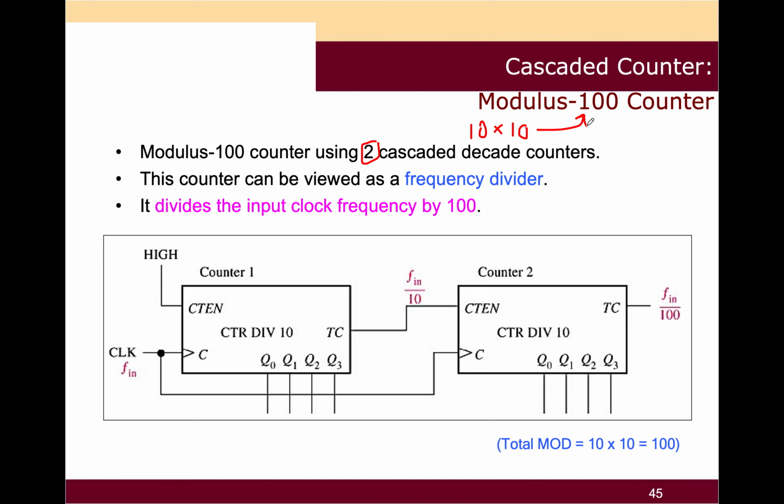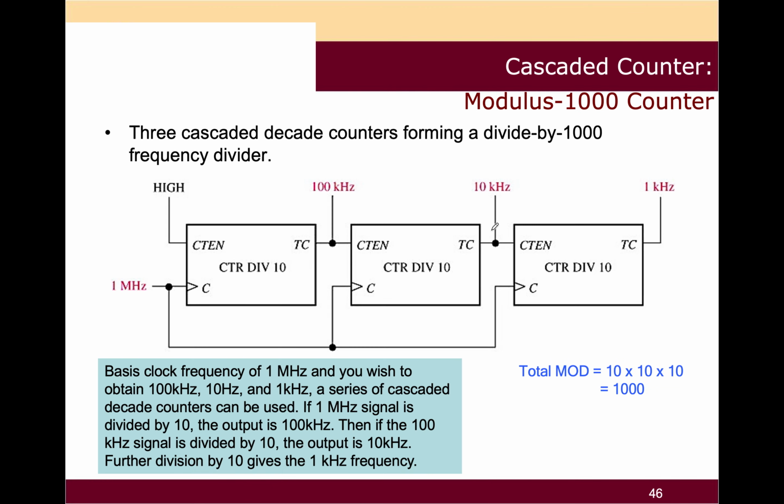This counter can be viewed as a frequency divider. So it divides the input clock frequency by 100. So this is the example on the clock frequency. And with 3 cascaded decades, you can see 10, 10, 10.